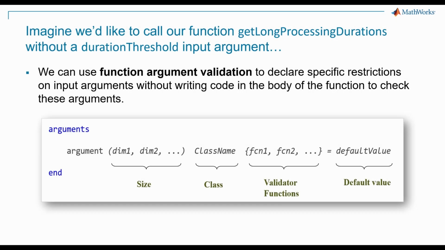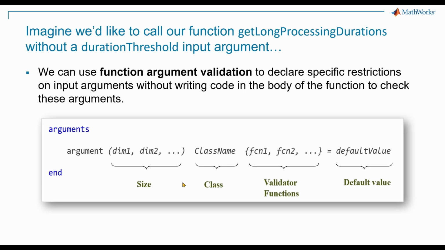A better way instead is to use something called function argument validation, which we can use to declare specific restrictions on our input arguments. Such an arguments block will come before the first executable line of our function and is the way to constrain our arguments in terms of size by specifying the dimensions that the argument should have, if any, where a colon for a dimension indicates that any length is allowed in that dimension.